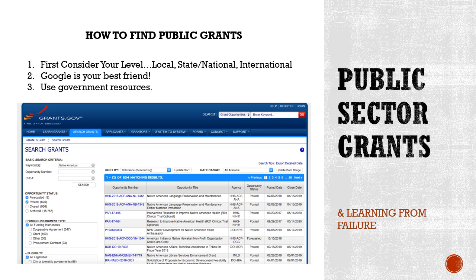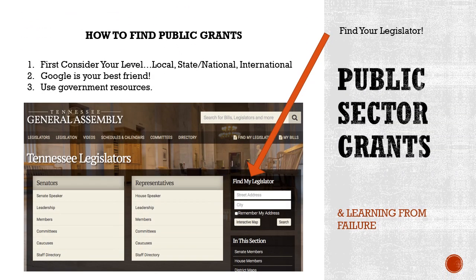In addition to grants.gov, another website that I used a great deal was the Tennessee General Assembly website. Finding your legislator within your specific area, whether you're in Maine or in California, can be very helpful, because oftentimes these politicians are very well connected within your community and will have a great deal of resources for your organization.